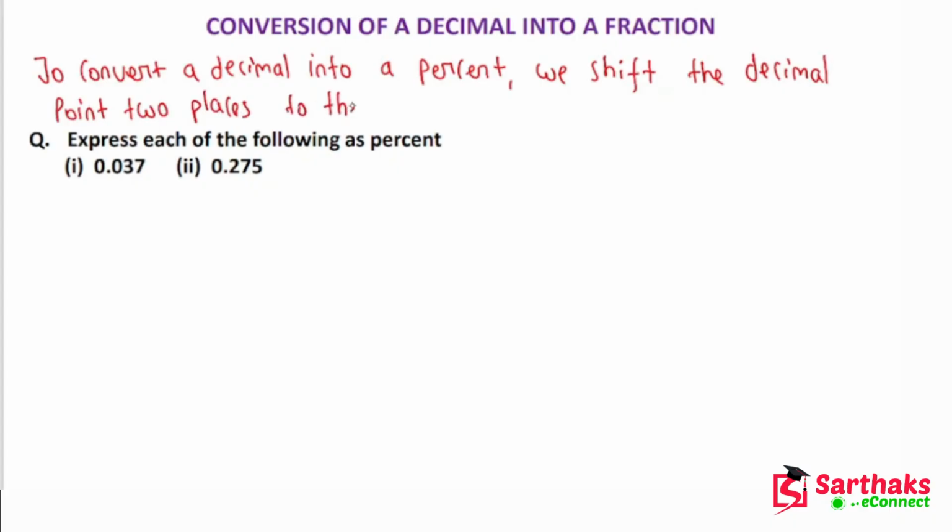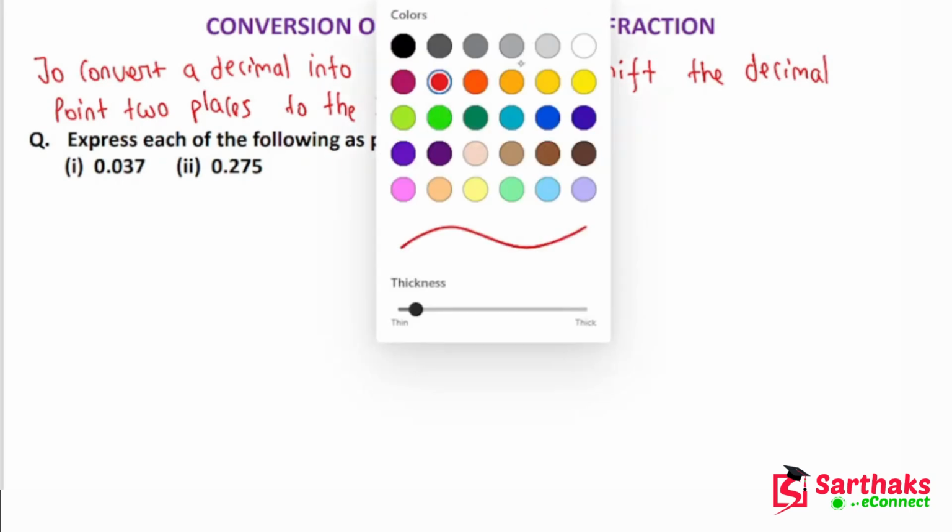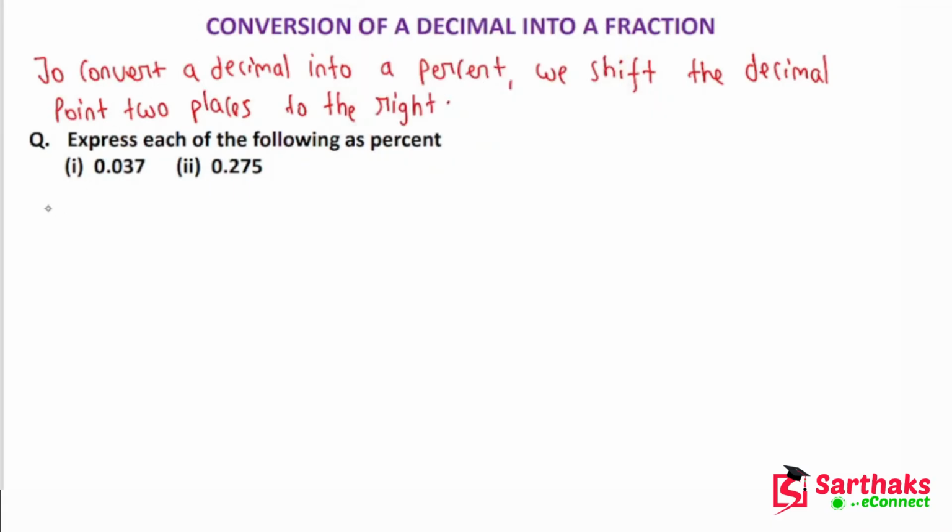Because when we were converting a percentage into a decimal, we did the opposite. We shifted the decimal point two places to the left, but here we are shifting it two places to the right. Now if we try to solve this question, it becomes very easy using the above method. I can directly write 3.7%, because I just have to shift it.